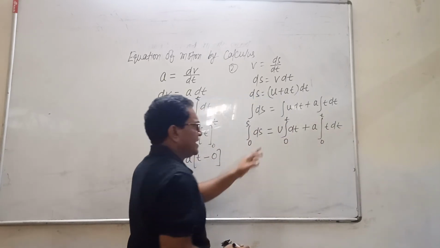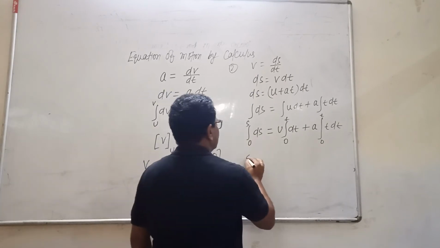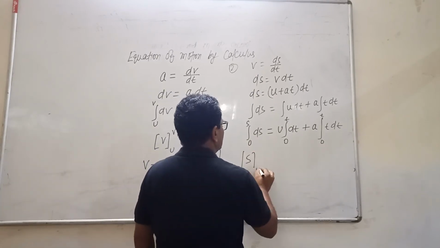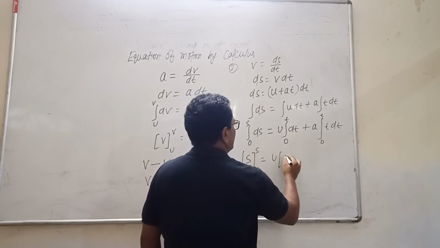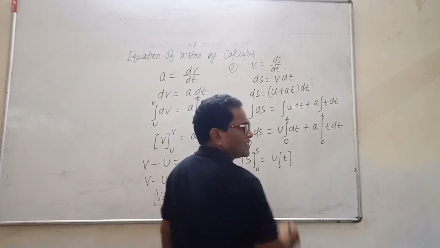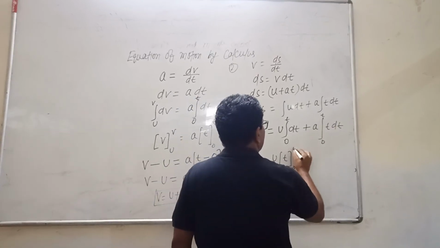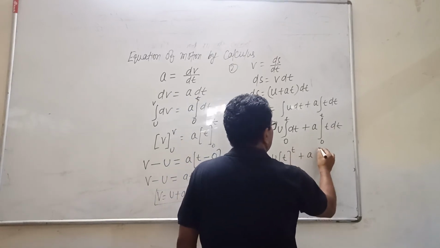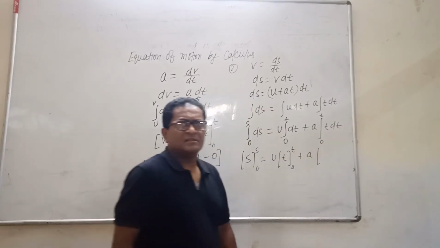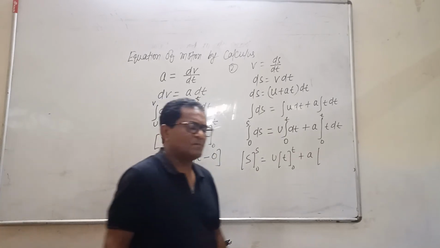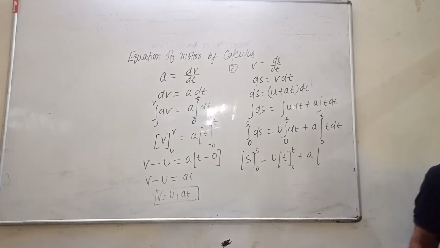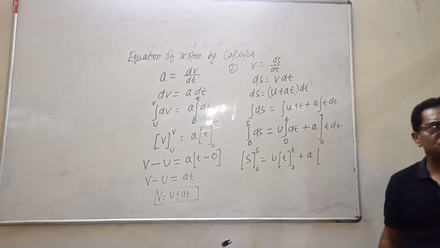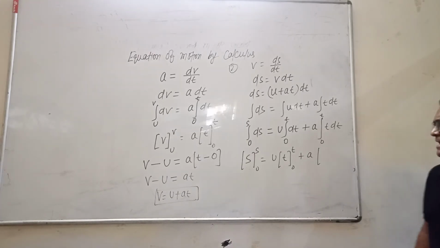Now we have to integrate. Integration of ds is s, limit 0 to s, equals to u, integration of dt is t, limit 0 to t, plus a, integration of t dt. This is t square by 2. This will be integrated on the formula x raised to the power n dx, which is x raised to the power n plus 1 by n plus 1.